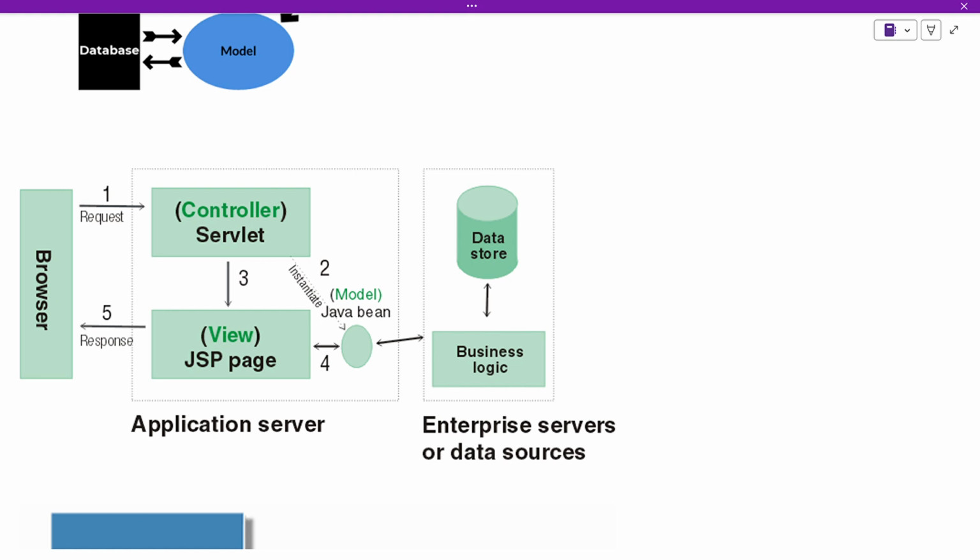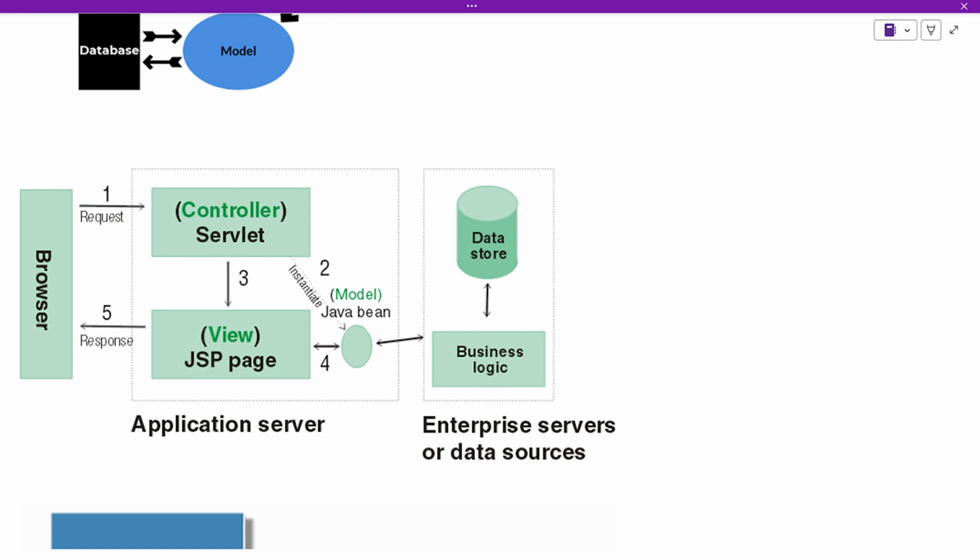A JSP page is also going to interact closely with the model, as in most cases we are supposed to fetch some data from the data store and present it on the GUI. That's why the view is more concerned with the Java model part, and the model itself is just a software program which is only concerned with the database.